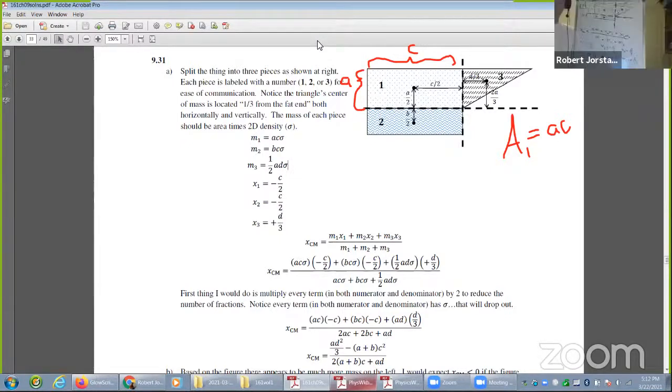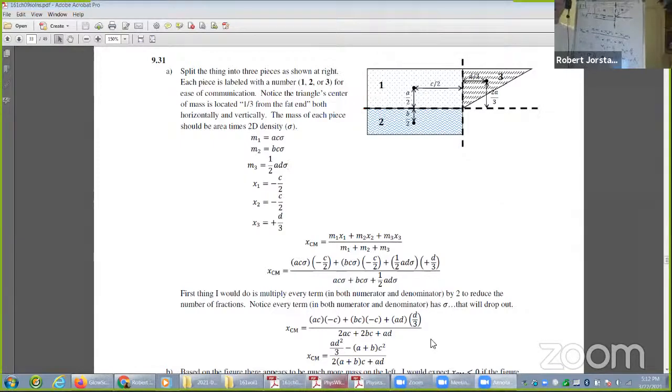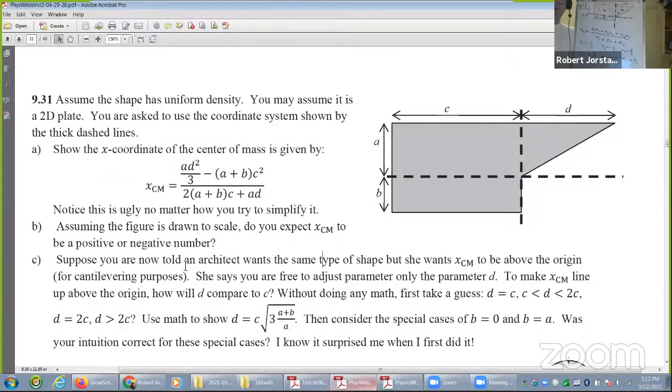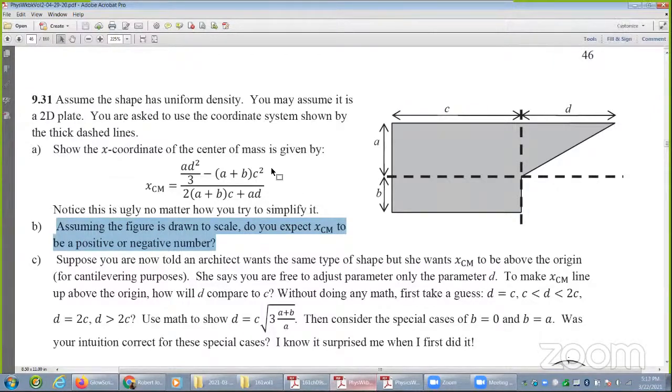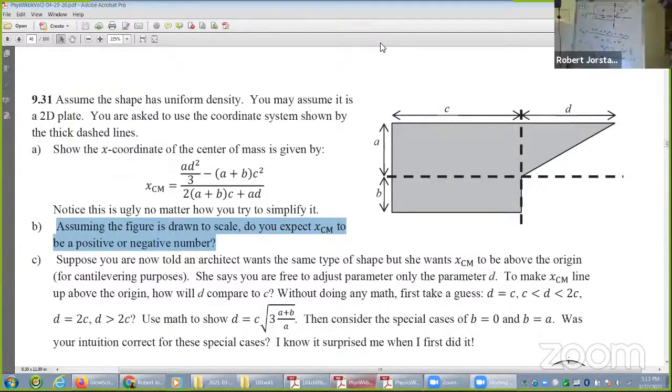Let me clear that out. Let's get back to here. Based off this, if it's drawn to scale, do we expect it to be a positive or a negative number? Negative. So let's look. This is a skill that takes a little bit of finesse to learn, but how do we know which one of these is bigger?